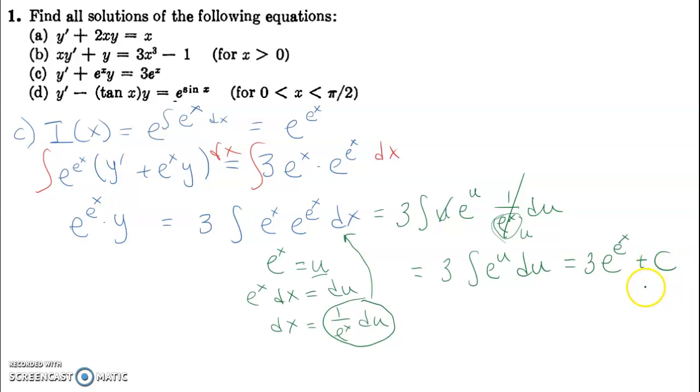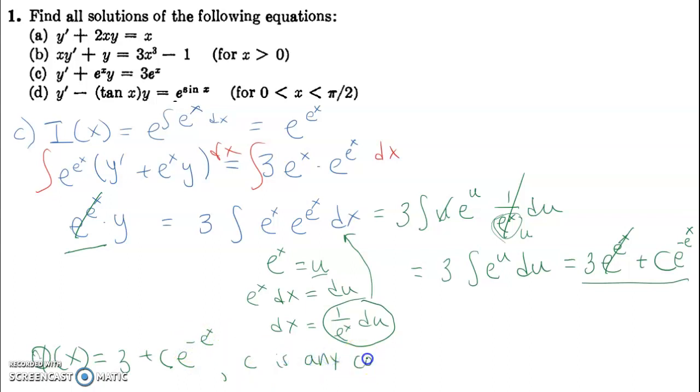Okay, so I think we just need to divide both sides by this one. So that is going to be gone, and then we have to write that. And so there we go. This is our solution. Let me just write this out. y of x is going to be 3 plus c times e to the power of negative e^x, where c is any constant.